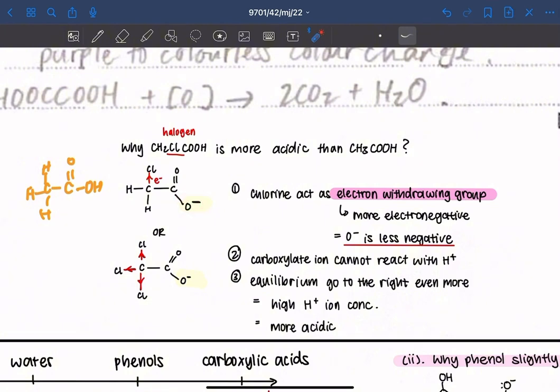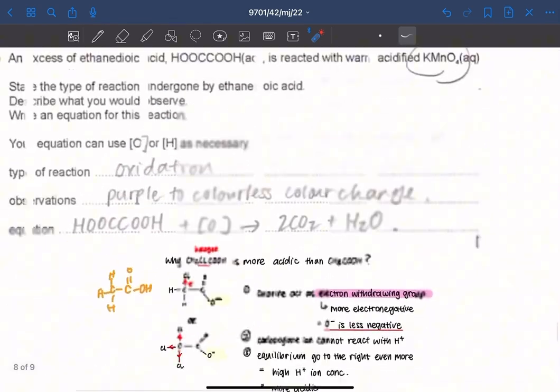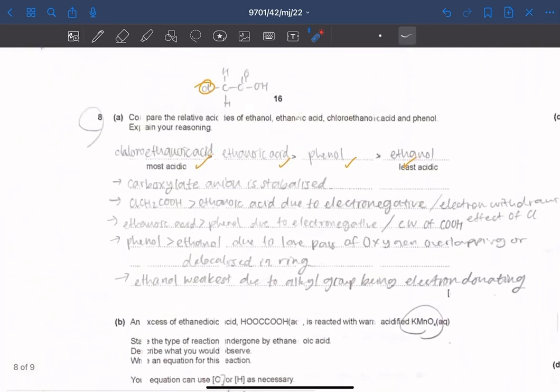And so less negative means that it's more difficult for it to react with H plus ions, and therefore there's a higher H plus ion concentration in the surroundings. So the OH bond weakens, higher H plus in surroundings, and so it's more acidic compared to ethanoic acid. Okay, next, that's for comparing chloroethanoic acid and ethanoic acid.